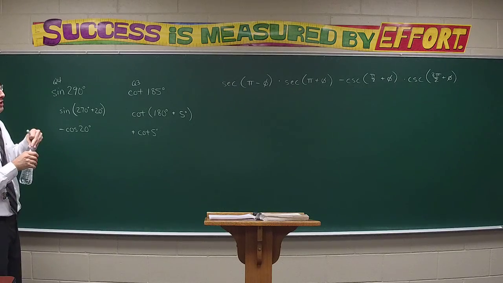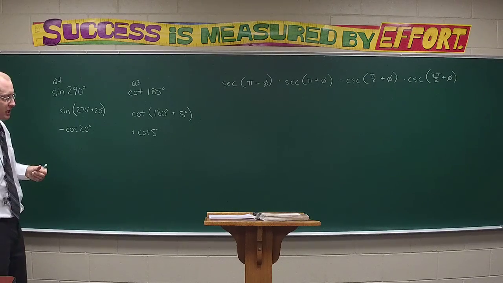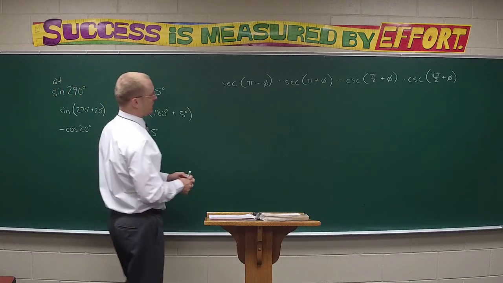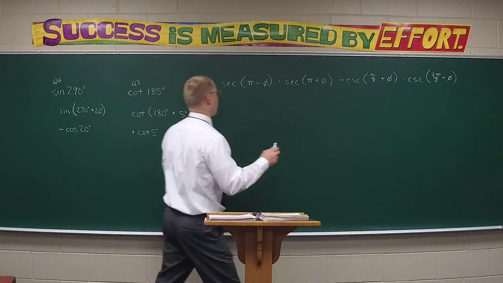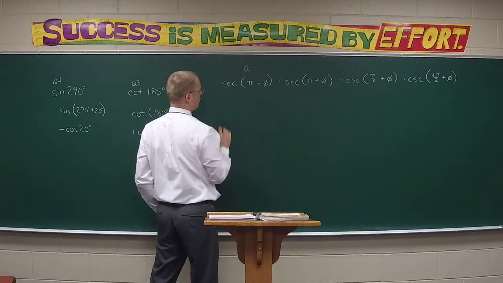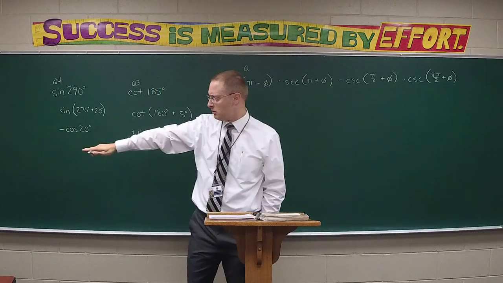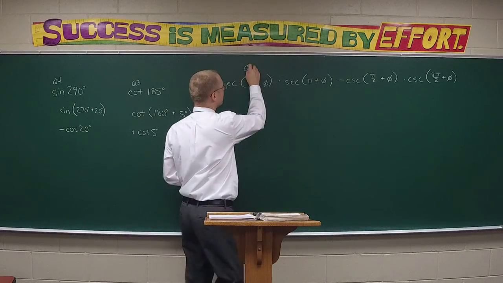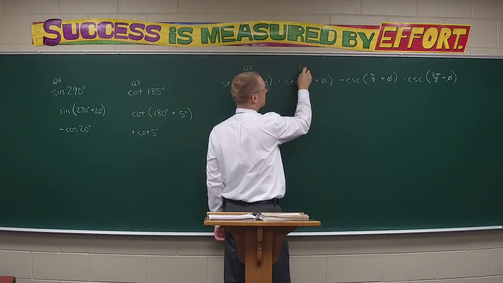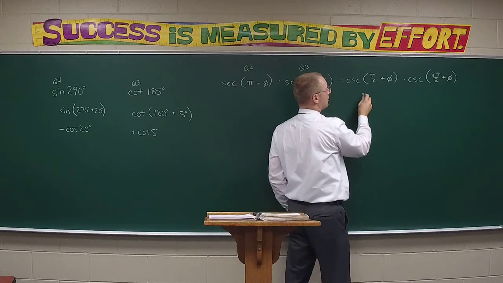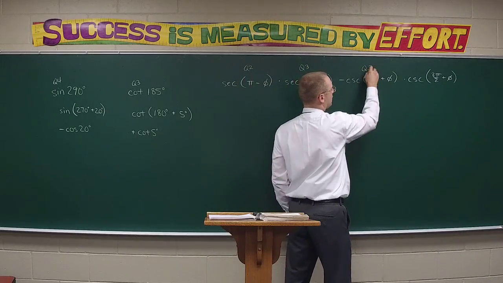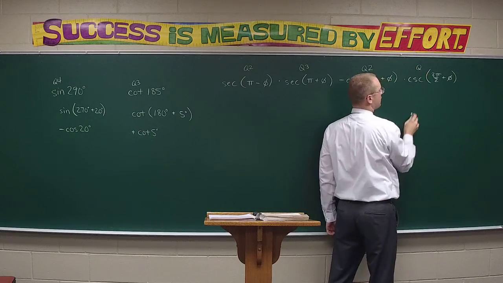Good. Normally we'd want to make sure the cofunctions are listed first and the quadrantals are all positives, and they already did that. So we're ready for quadrants. Pi minus something is quadrant 2, then quadrant 3, quadrant 2, and that's quadrant 4.